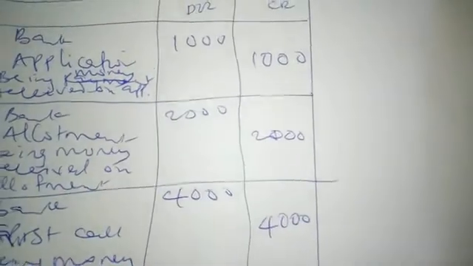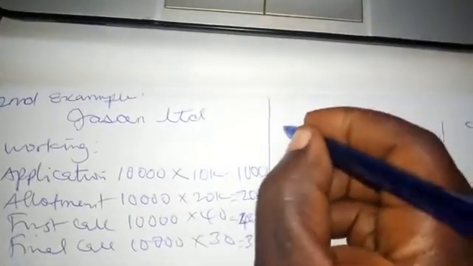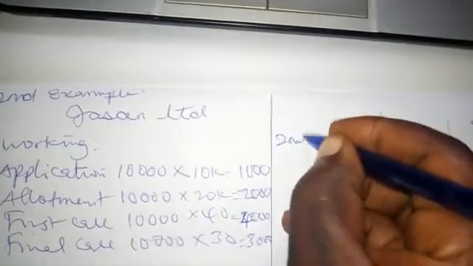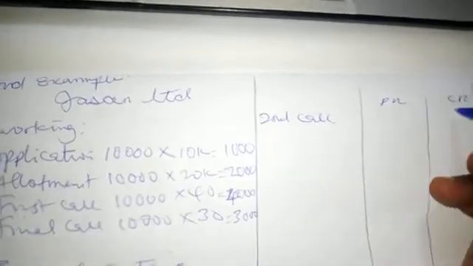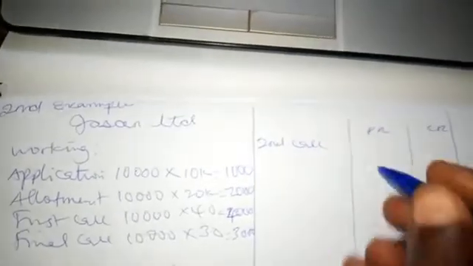Then we get another one, the next one is final call, that's second call. The second call, the amount is 3,000 naira.